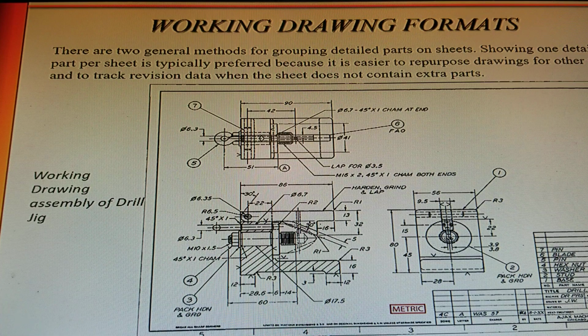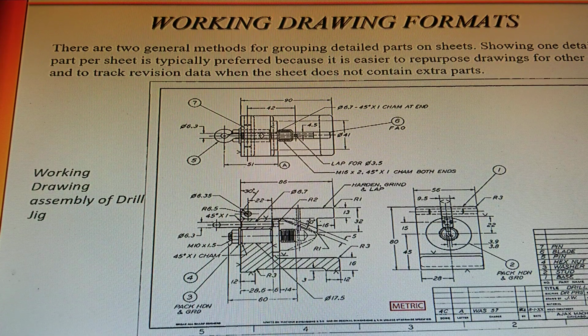Working drawing formats. There are 2 general methods for regrouping detailed parts on a sheet. Showing one detailed part per sheet is typically preferred because it is easier to repurpose drawings for other uses and to track revision data when the sheet does not contain extra parts. So this drawing right here is actually from the previous drawing on the right.